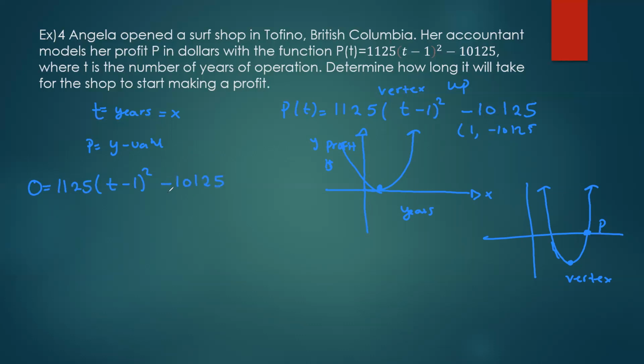Solve for T, so you're going to add 1025. And then get rid of this 1125.